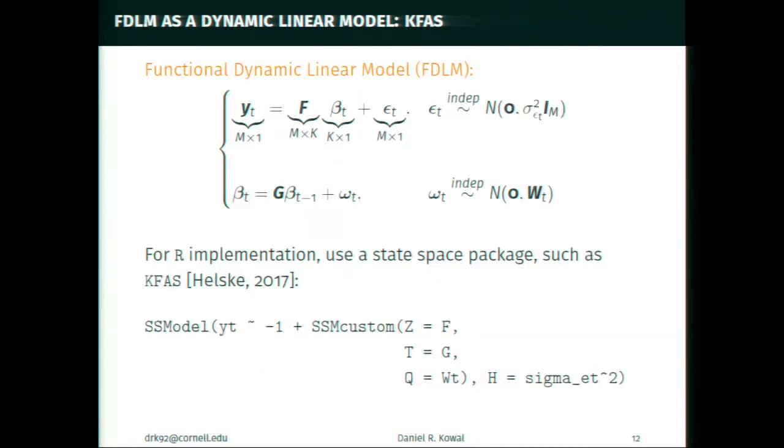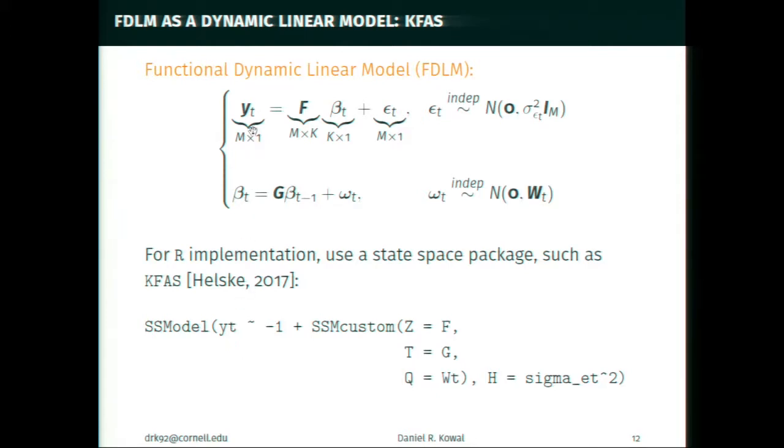So to make this even a little bit more concrete, you can see this one-to-one correspondence between the model I've written as well as existing R code for state space models. I like the KFAS package. Without getting into too many details, they define a state space model in very similar notation. This Y_t here would simply be my T by m matrix of data points.